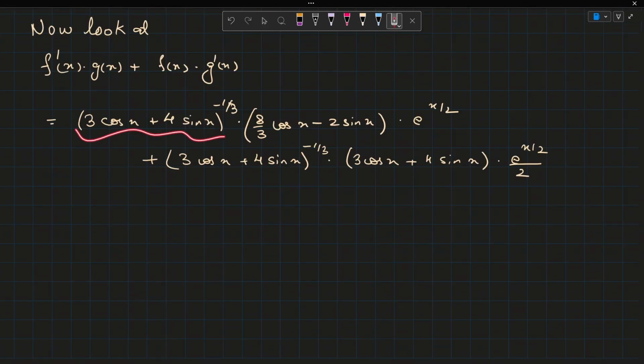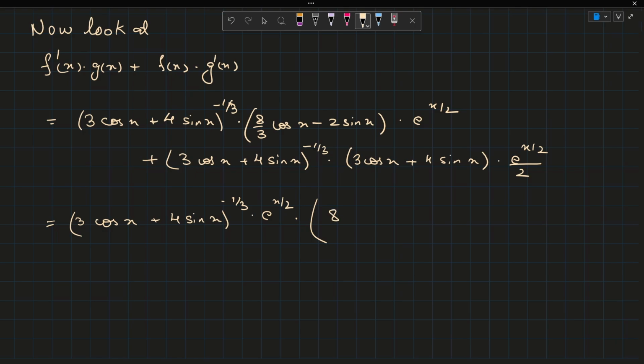So if you take these terms common, what we get is (3 cos x plus 4 sin of x) to the power minus 1 over 3 times e to the power x over 2 times (8 by 3 cos of x minus 2 sin of x plus 3 over 2 cos x plus 2 sin of x).